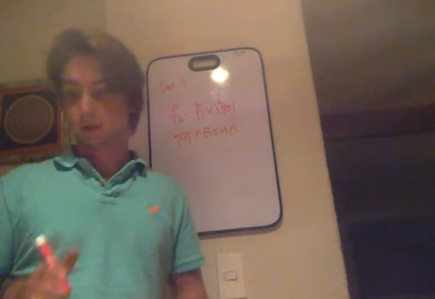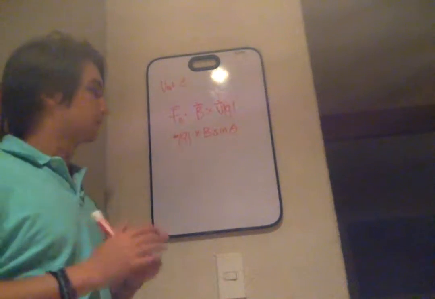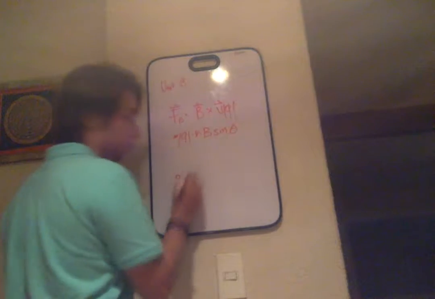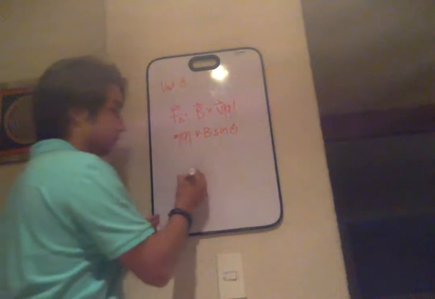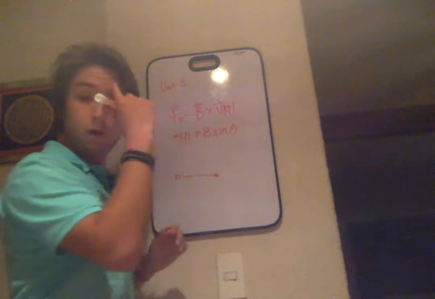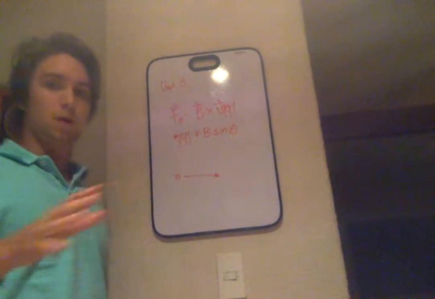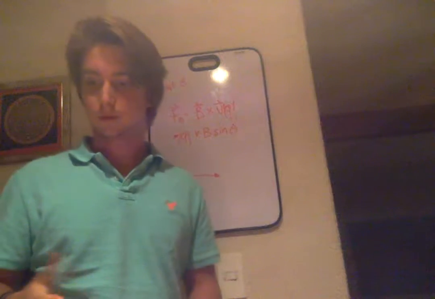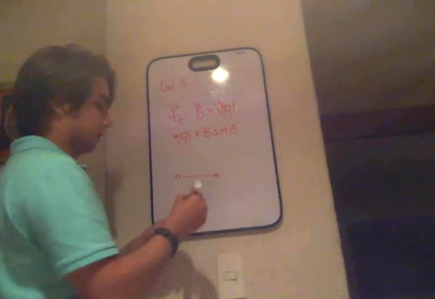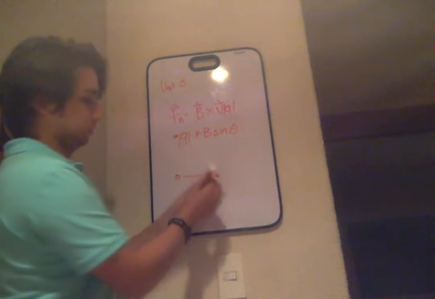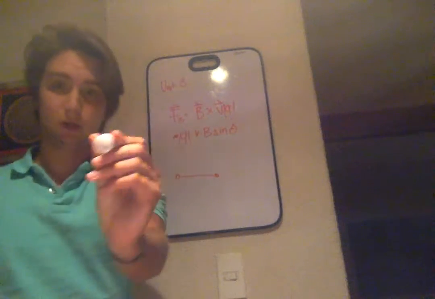Well, that's another topic that comes with the motion of charged particles. So if we have a small particle that is going perpendicular to a magnetic field, well, I will introduce the right-hand rule later, but for now I'm going to say that this is pointing at you.